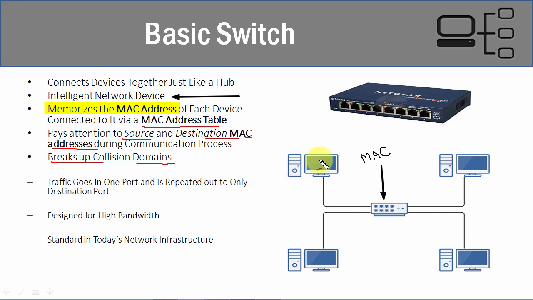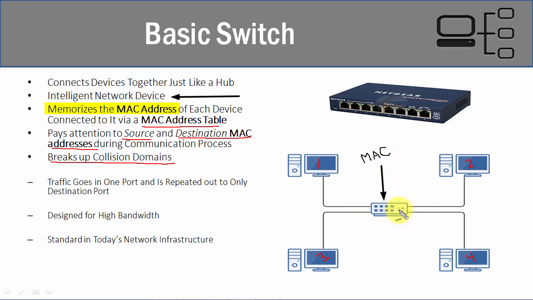So let's do a quick example. So let's say we have computer 1, computer 2, computer 3, and computer 4. So let's say we just turned on our switch. It's brand new out of the box. It doesn't know anything. And let's say computer 1 wants to send a file to computer 2. Well, what happens? Well, the very first time that it boots up, it doesn't know.